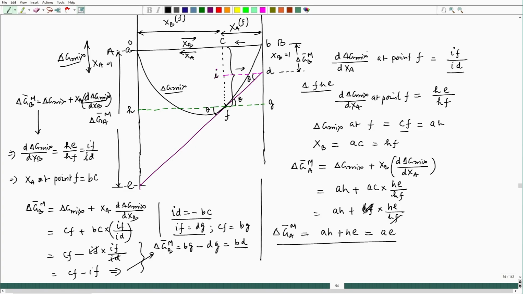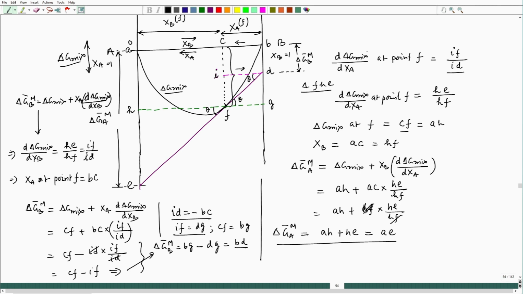Again here also the tangent crossing the y axis when x b equal to 1, that value corresponds to the partial quantity, which is delta G bar B m. Okay. So, now we could see that for any point over this particular delta G mix, graphically we can also find out what is the quantity that represents those two partial quantities.